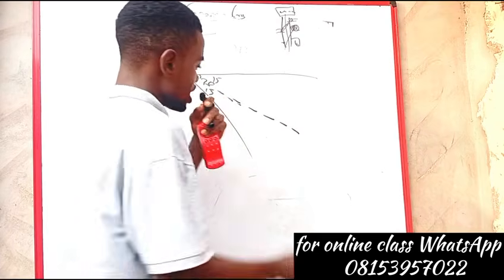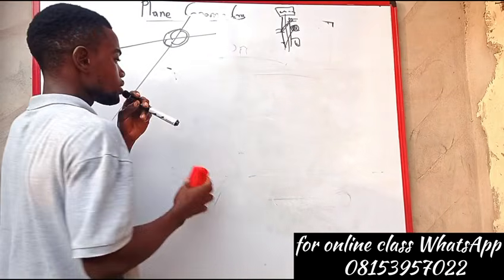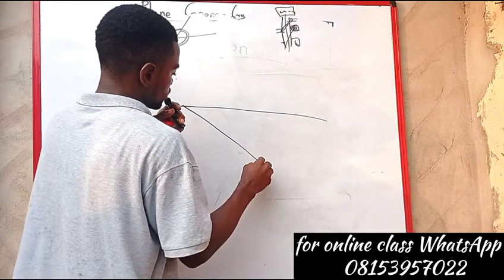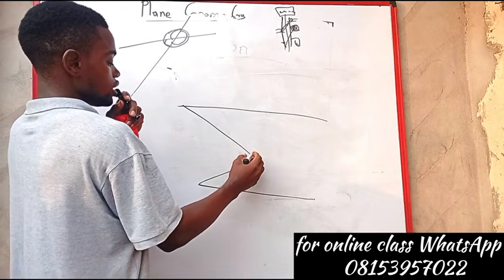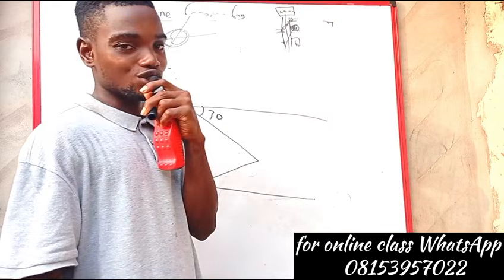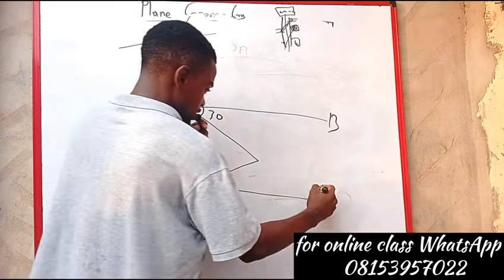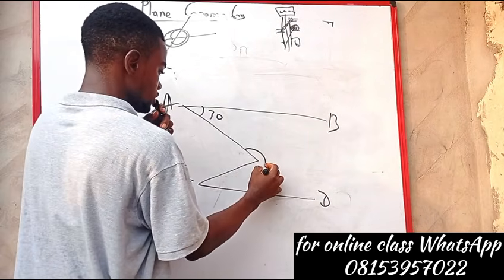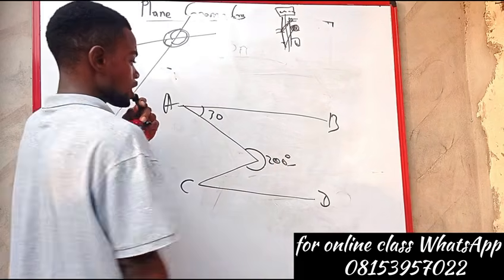If I have something like this, like the first question we're going to solve now, if something is in this form, and then you're given this angle here as 30 degrees, we are now solving the question. Let's say this is A, B, this is C, this is D. Now this is 30 degrees, and this other one over here is, let's say, 200 degrees.